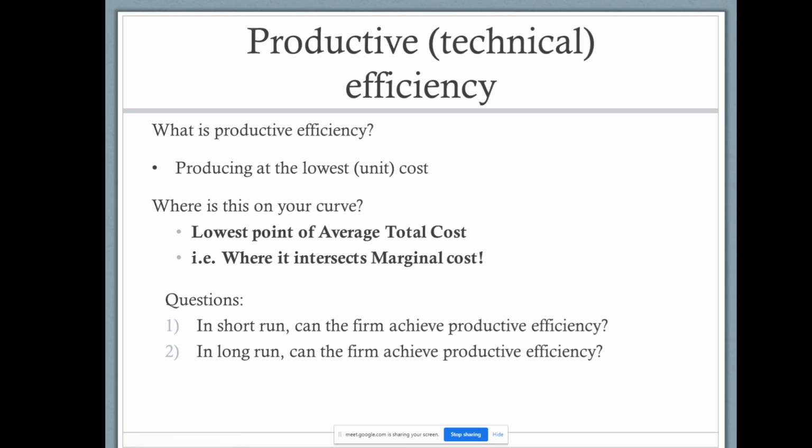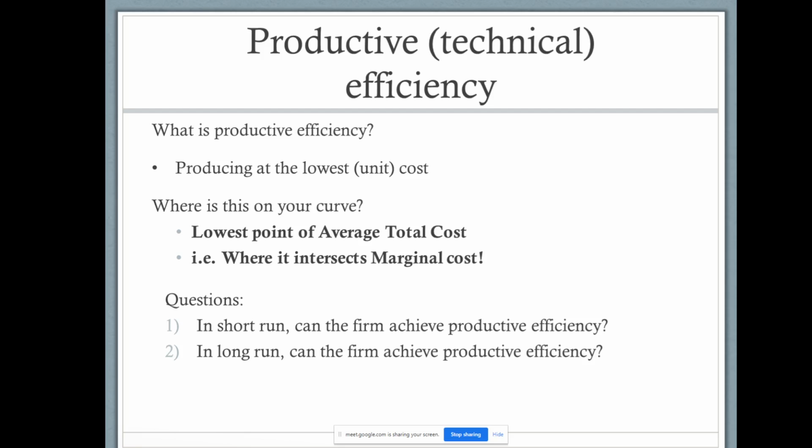Because if you produce further after normal profit, then you are going to make a loss. So if I stop there, that is my maximum output at minimum cost. And that's why, when you are earning normal profit, you remember the break-even price. At the break-even price, the average cost is also at the lowest level.